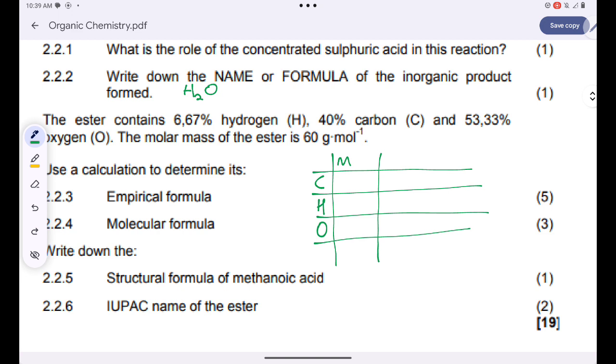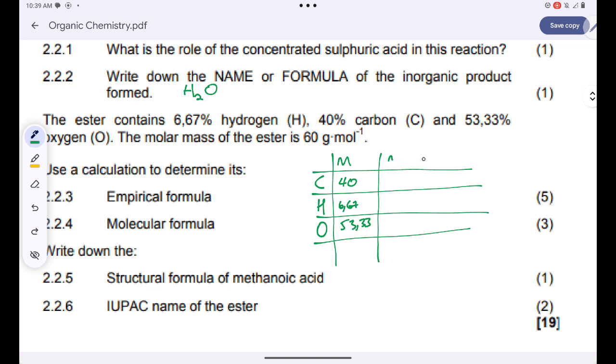Whenever you are given percentages, guys, if you are dealing with empirical formula, you must always change it into grams. The 6.67% will be 6.67 grams, and then the 40% of carbon will be 40 grams, and then the 53.33% will be 53.33 grams.